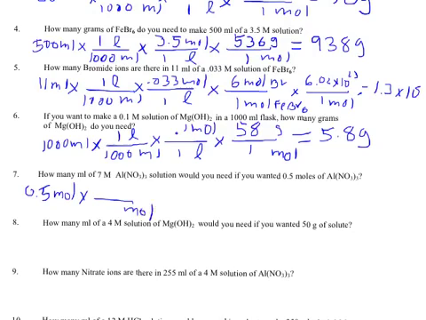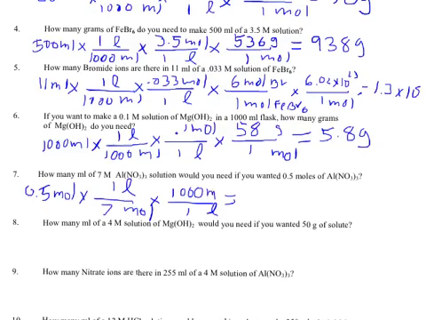And you know what I could turn moles into? I could turn moles into liters. That's what big M is telling me. It's saying that there are 7 moles of this chemical in every 1 liter of solution. It's a conversion factor between moles and liters. So now that I got liters, I don't want liters, so I'm going to put liters down below. 1 liter, as always, is equal to 1,000 milliliters.